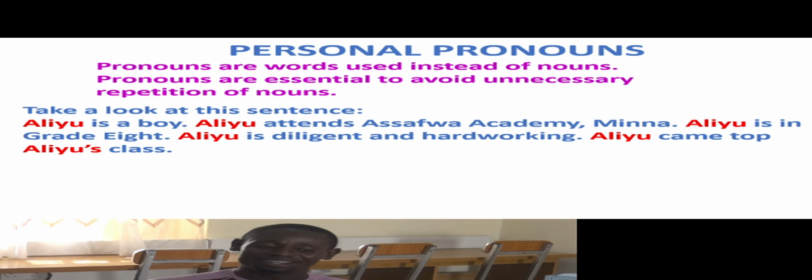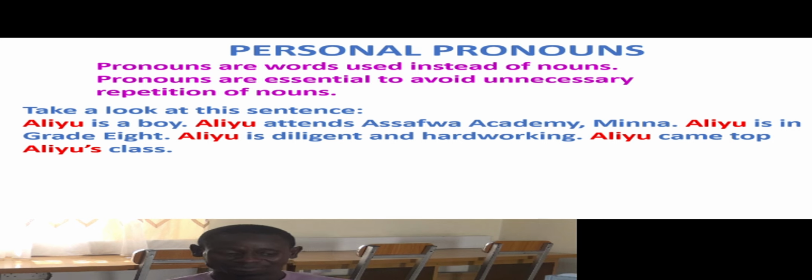So you discover that the word Aliu, which is a name, a proper noun, has been repeated in several sentences. Now, this repetition made the whole sentence boring. What can we do? Let's check the next sentence.